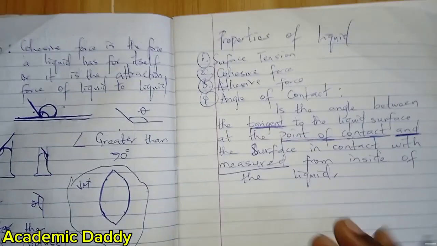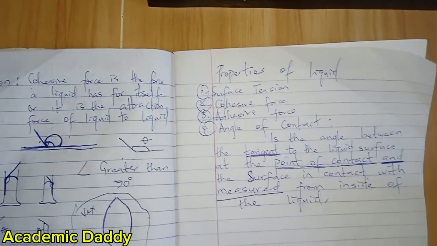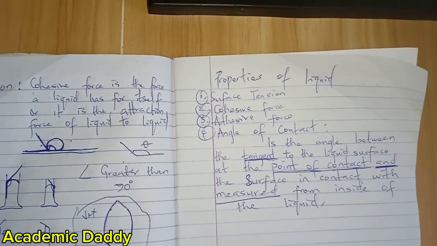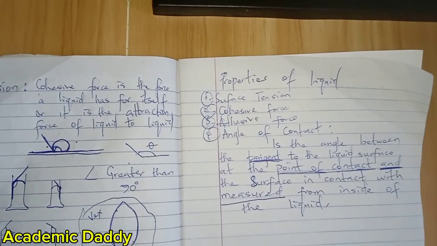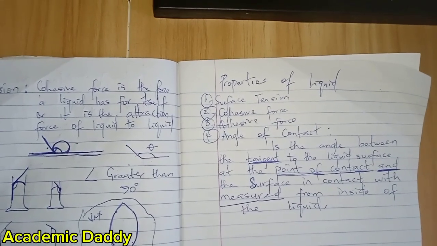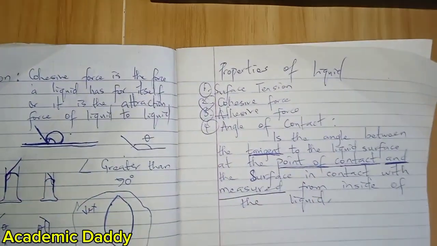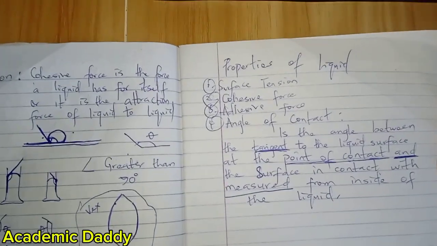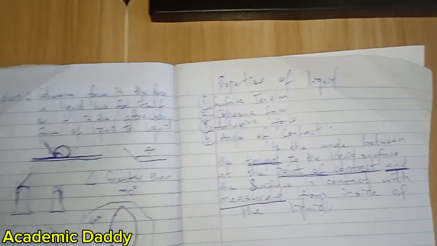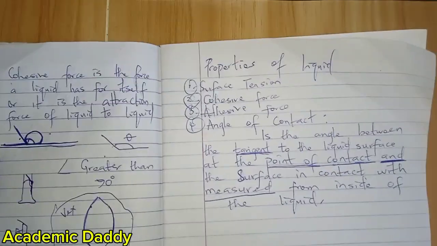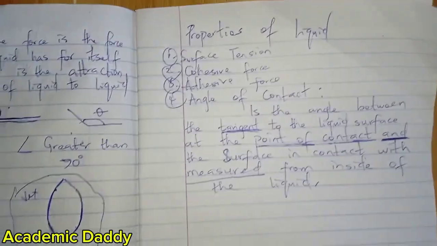So you can clearly see that what brings about angle of contact is the adhesive force, the cohesive force, and yes, surface tension, because surface tension is like a pressure but acting in one dimension, force over L. Maybe it's in two dimensions, it will be over area. So if you know, this is the definition.